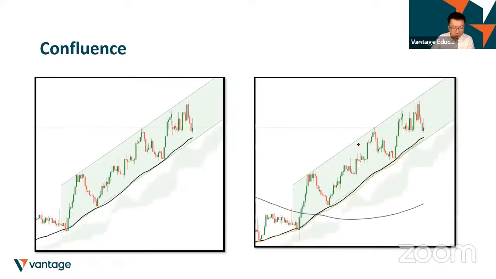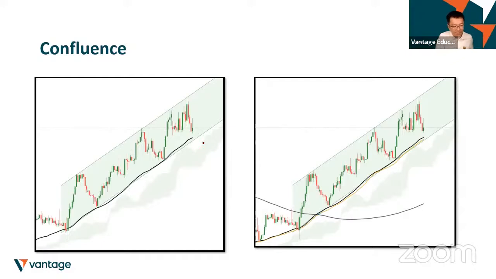You can always add in more ideas as well, or more price indicators. Further confluence, right? Further confluence when you have the 200 SMA, the upward channel, and the Ichimoku cloud right below price, showing you that price is pushing towards the upside.